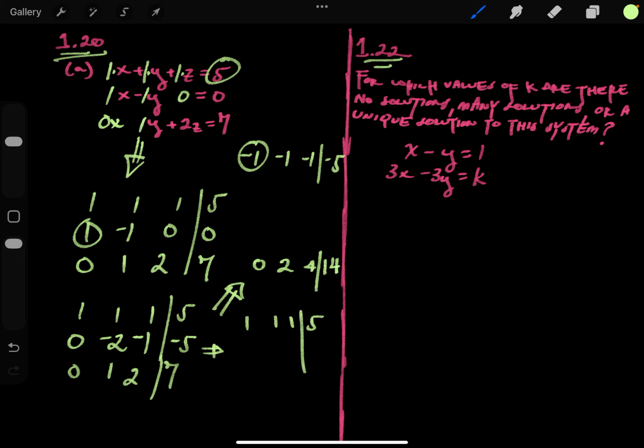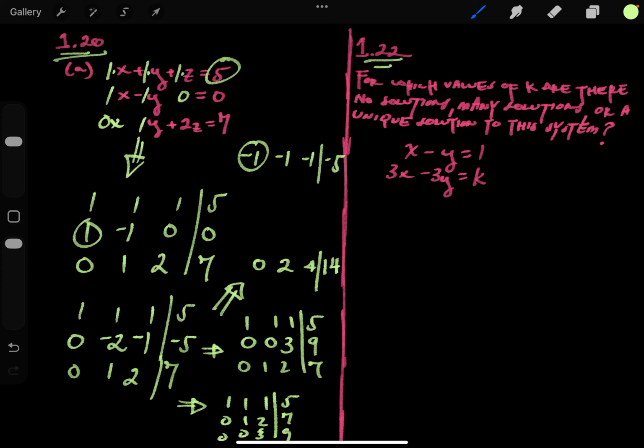And then 0, 0, 3, 9. And then 0, 1, 2, 7. And with this, I can solve the whole system pretty much. If we want to get it in echelon form, we just do the row swap at the end just to make it clear that I have it in echelon form. 0, 1, 2, 7, 0, 0, 3, 9.